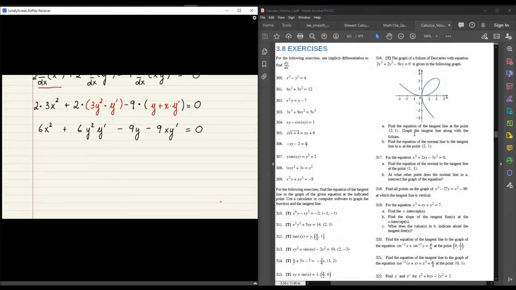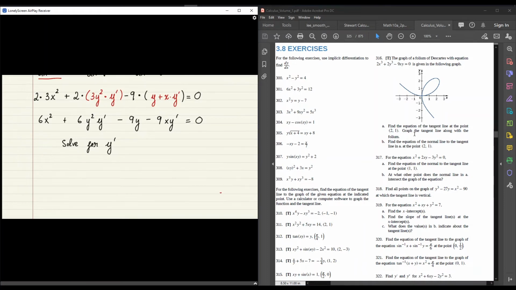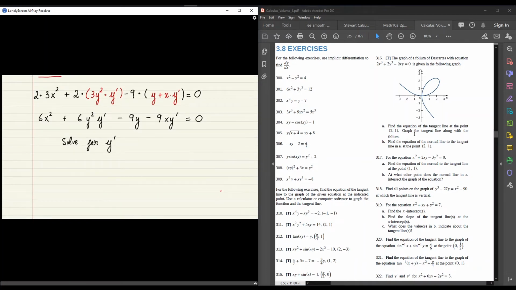Here I will have to solve this equation. I will have to solve for y prime because I'm interested in the derivative of the function. Alright, so I will keep everything that has to do with y prime on the left hand side of the equation.